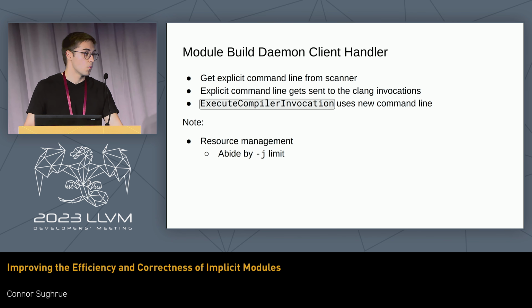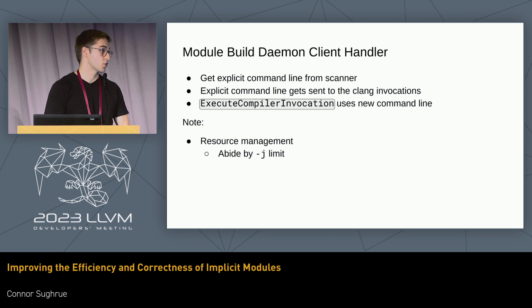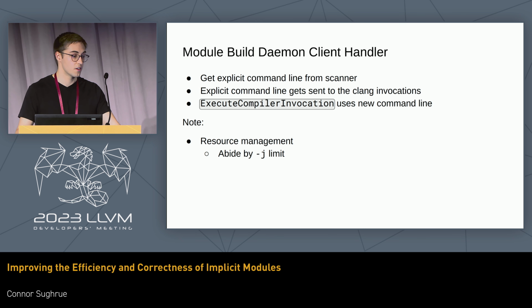Once all of the modules have been built for a particular translation unit, we grab the explicit command line from the scanner, which, instead of just saying build this translation unit, has defined paths to where all of the pre-built modules exist.